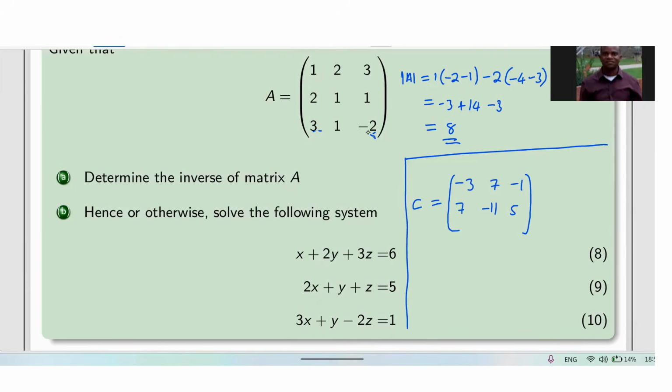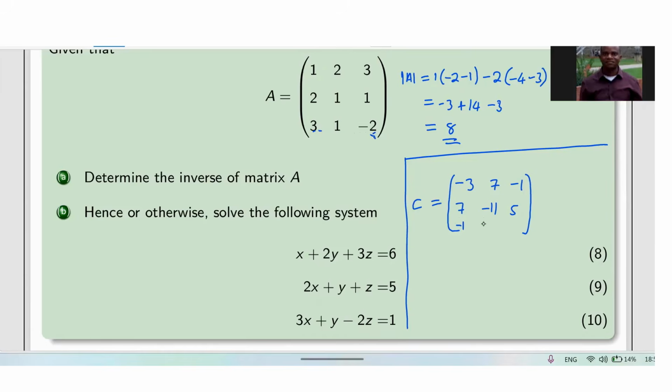So the last one, no, the first element in row 3, the minor is simply 2, 3, 1, 1. So 2 times 1 is 2, minus 1 times 3, which is 3. So 2 minus 3 is negative 1. And the sign there is positive. So we have negative 1 there.